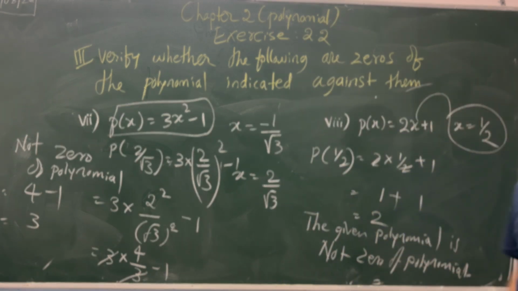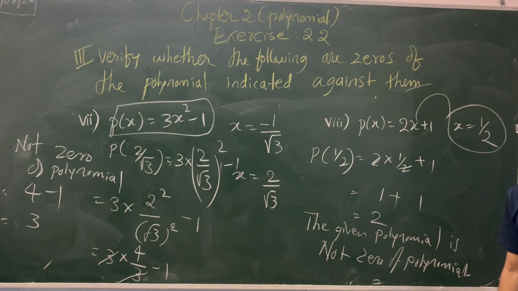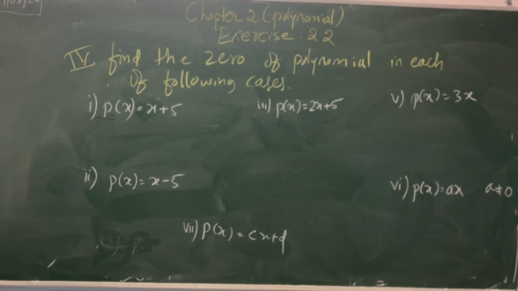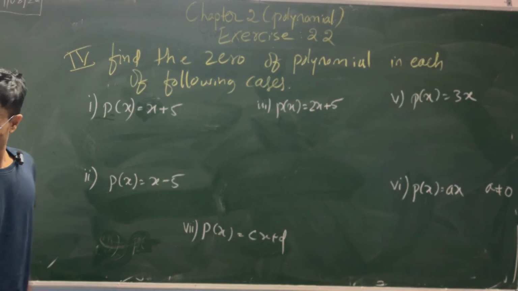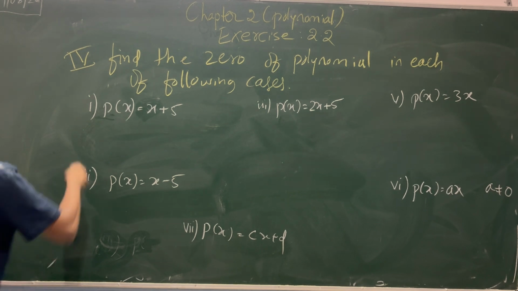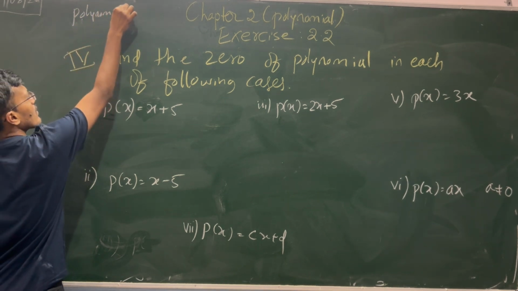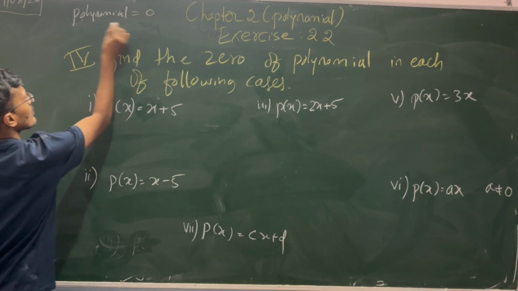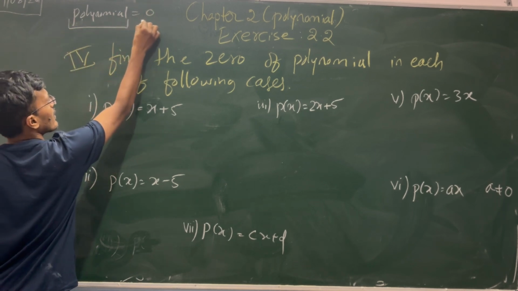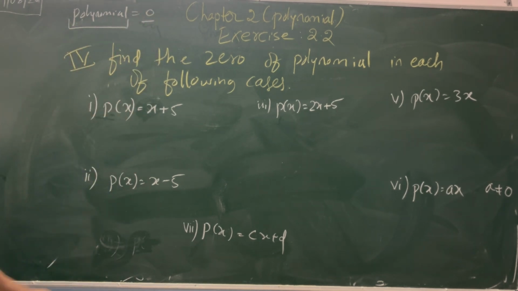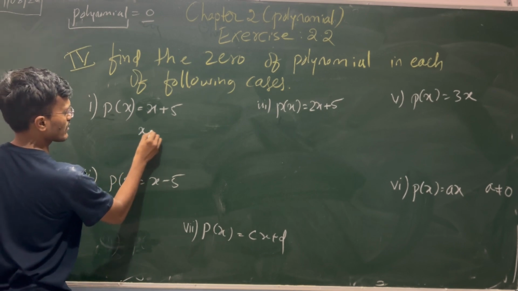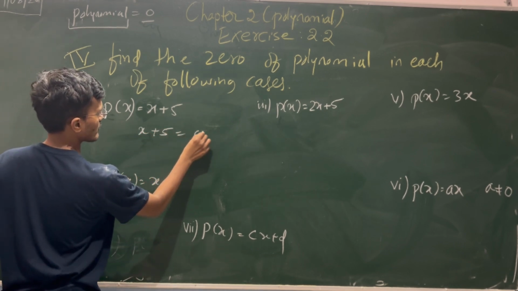So now next we will move on to question number 4. In each of the following cases, find the zero of the polynomial, where the polynomial is equal to 0. So now for this condition, x plus 5 equal to 0.